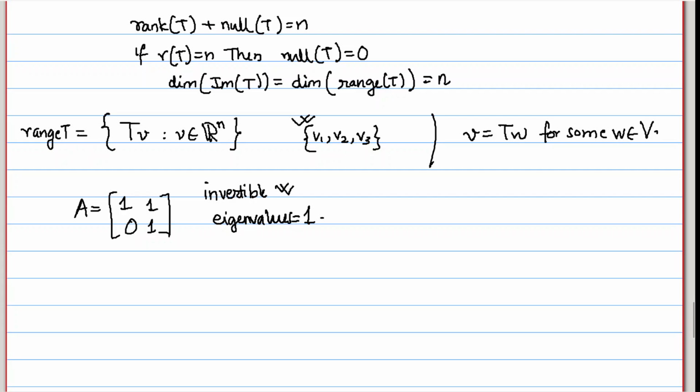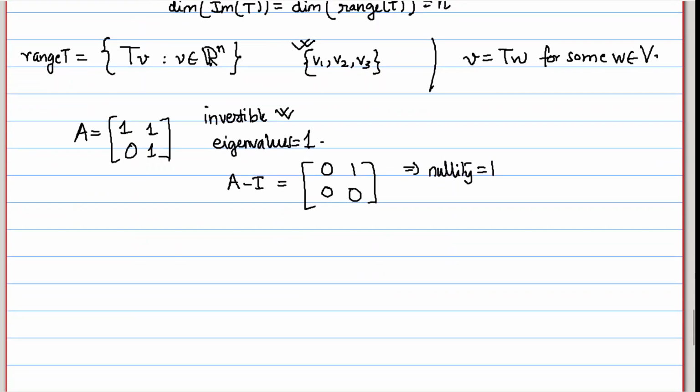So what is the eigenvector corresponding to 1? For that we look at A minus I, that is 0, 1, 0, 0. Now look at the nullity. This has rank 1, so nullity is 1.